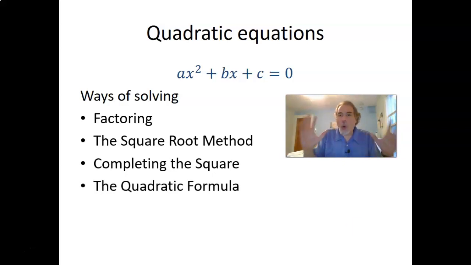And the reason we have all these different methods is because depending on what quadratic equation you're trying to solve, one method might be easier than another. One method might not work on that particular equation, so you can use a different method. And so we'll look at how all of these work and when to try them.